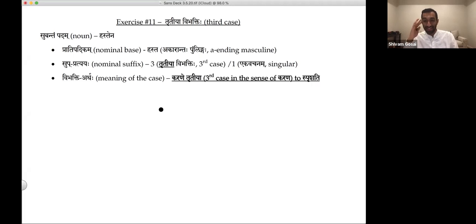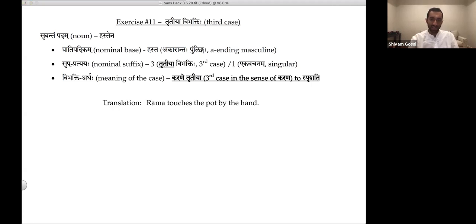I hope that made sense. Anyways, we know it's the instrument of action, right? What does he do it with? He touches with his hand. So it's third case in the sense of the instrument of action, karanam, to the verb sprishati.